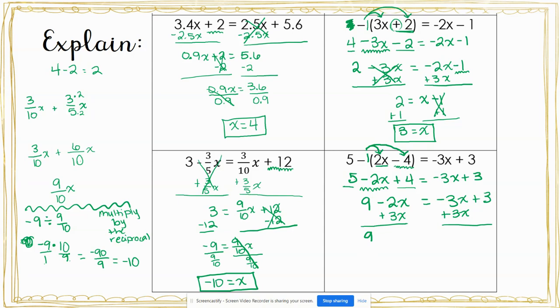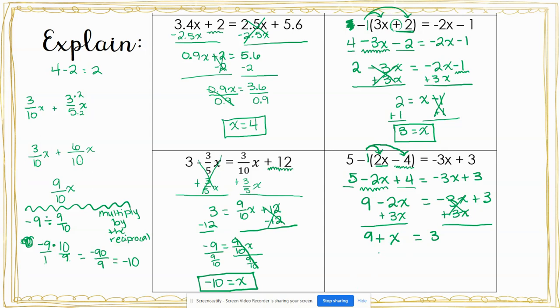Then I have -2x plus +3x. Well, -2 plus +3 is +1. So this is like saying +1x or plus 1x. But remember, if I have 1x, that's the same as just x. On the right side, I have -3x plus 3x, which is 0, so those cancel out. And 0 plus 3 is just 3.